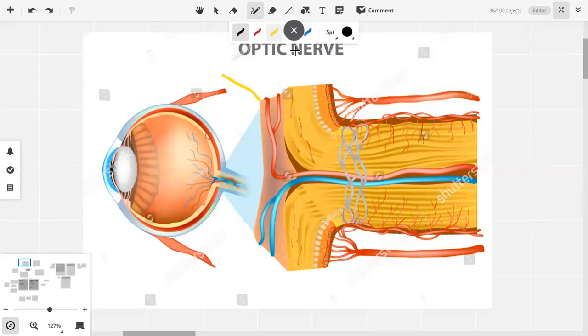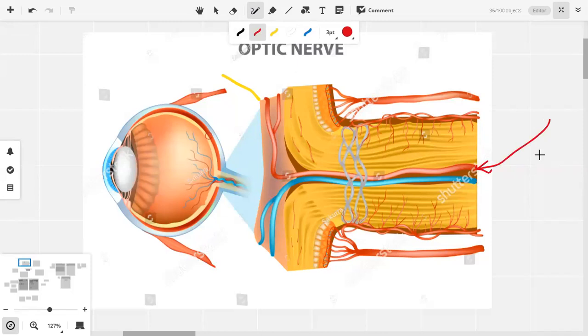Now, what will happen if something affects this artery over here, which is present in the center, the one that is going through? If this is affected, let's say it's occluded, the disease entity which will happen will be called what?